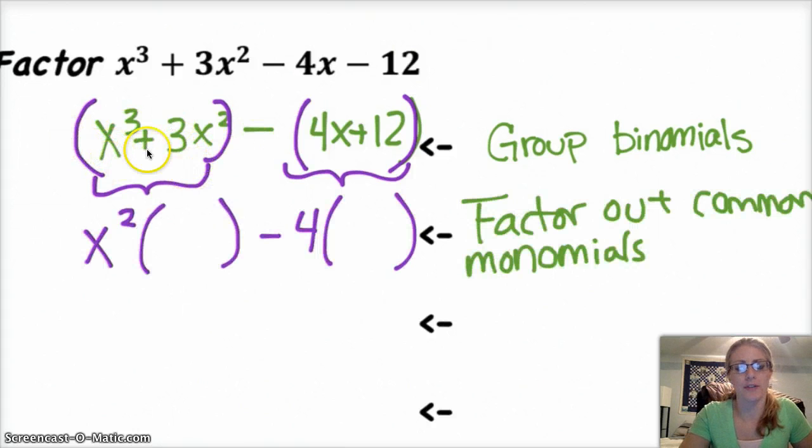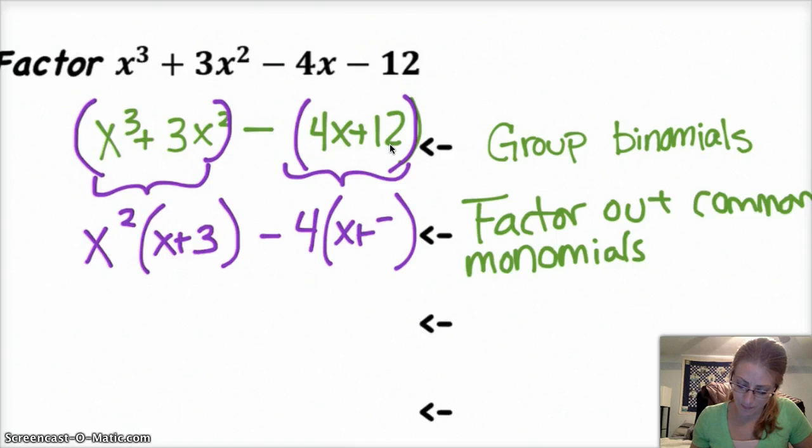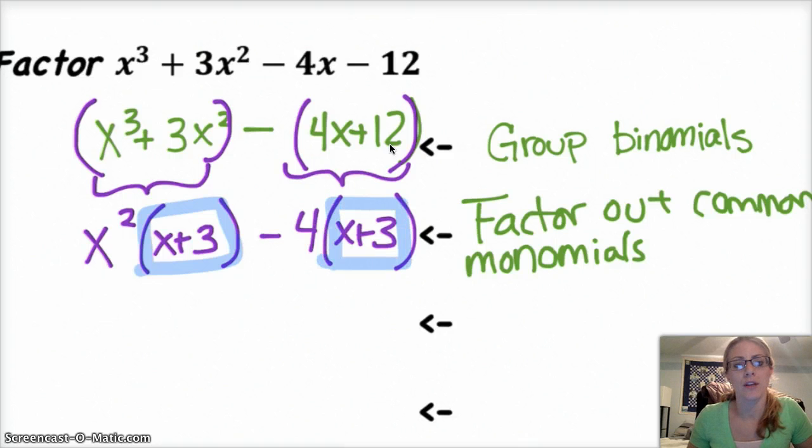When I pull out the x squared, I'm left with x plus 3 on the inside. When I pull out a 4 from both of these terms, I'm left with x plus 3 there. And notice now I have, in both terms, an x plus 3. So now, because both of those terms have an x plus 3, I can factor out the x plus 3.